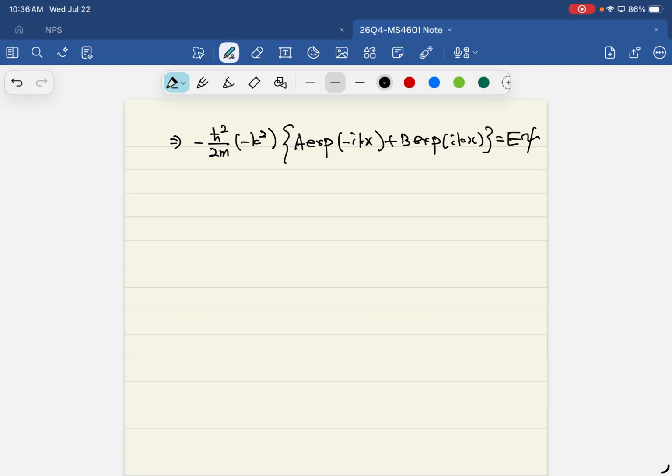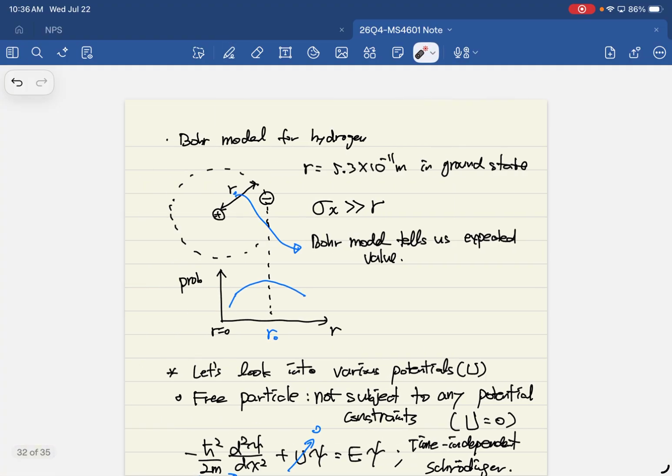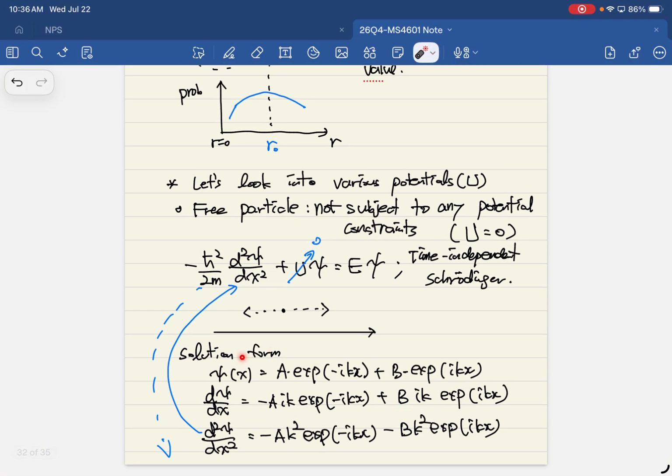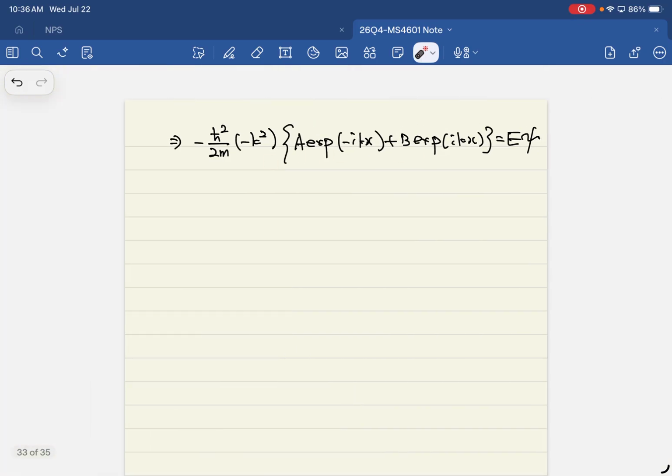Okay, so the way I did is that we got this expression, guessed the solution form, and then we took a second derivative. Okay, and then here we just substitute, and yes, the second term is 0, and then this is what we got.